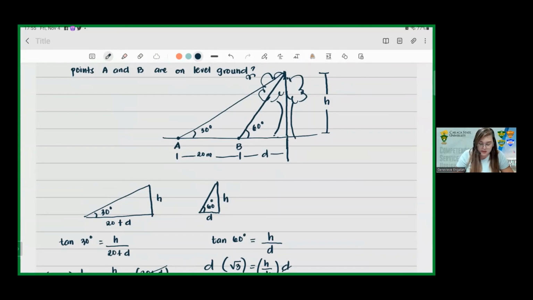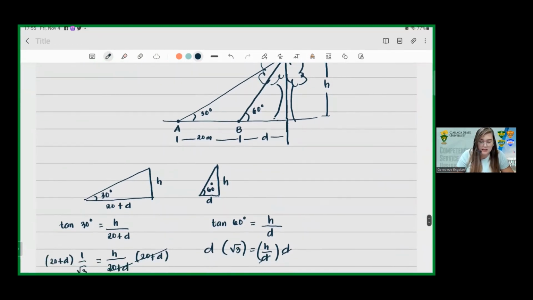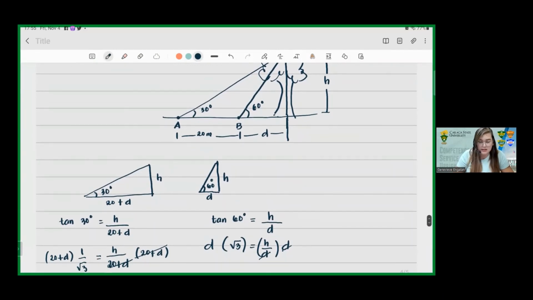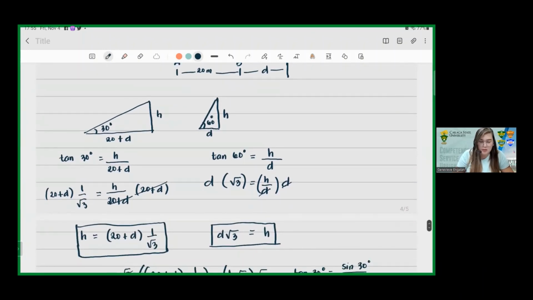Okay, next is another triangle whose adjacent is the distance from point B to the tree, and then you have the height of the tree. So we know that tangent of 30 is equal to opposite over adjacent. So height divided by 20 plus d.